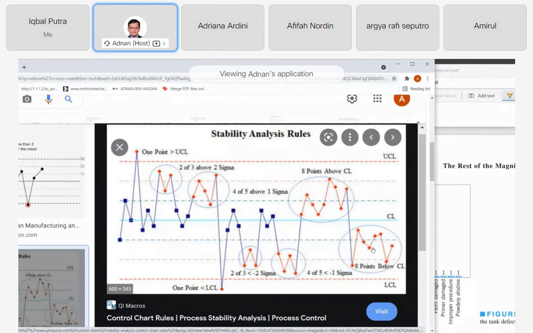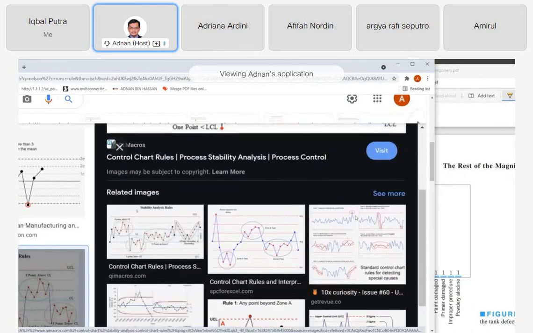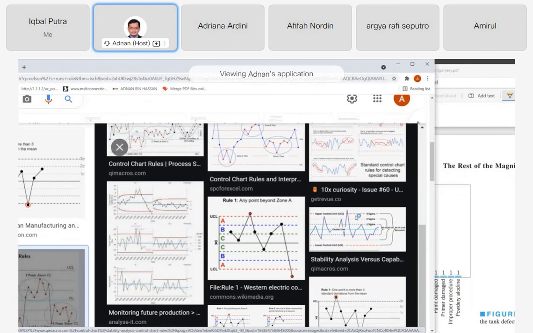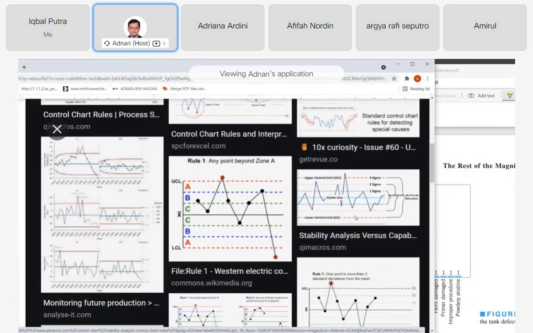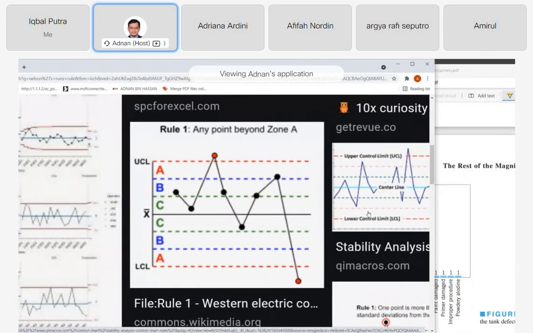Some diagrams are divided by A, B, C, but in this case it is divided by 1 sigma, 2 sigma, 3 sigma. So A, B, C is just labeling. Yes, this is the one labeled using A, B, C. Instead of labeling as 3 sigma, it says this is zone A, this is zone B, this is zone C. Is it clear?